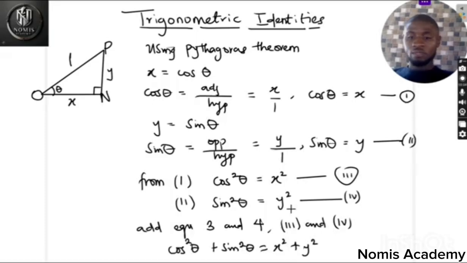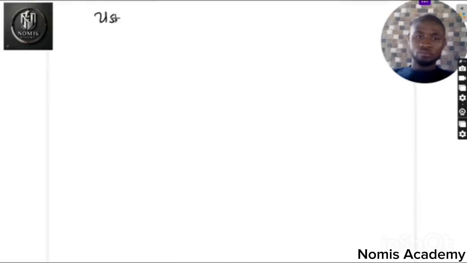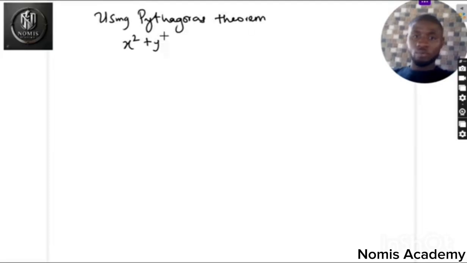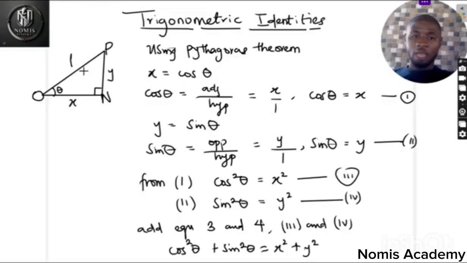So now let's look. What is x squared plus y squared? Using Pythagoras theorem, x squared plus y squared is equal to 1 squared. How did I get 1? Remember that Pythagoras theorem says that the hypotenuse squared is equal to the sum of the adjacent squared and the opposite squared.